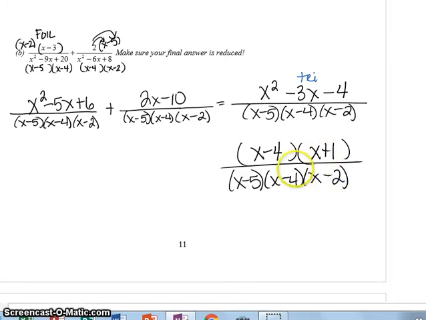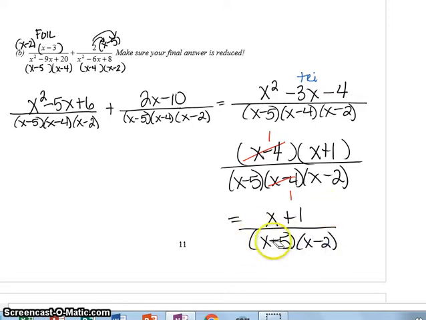You can cancel any top with any bottom. That's a match. So at least that wipes out those x minus 4s. And then my answer in the numerator, I'm left with x plus 1 all over x minus 5 times x minus 2. Okay? You don't have to FOIL those again unless it's multiple choice. You can keep that as your answer.